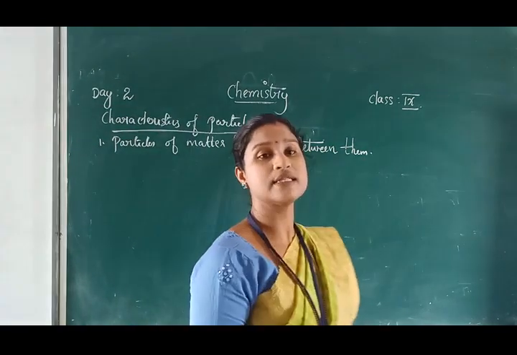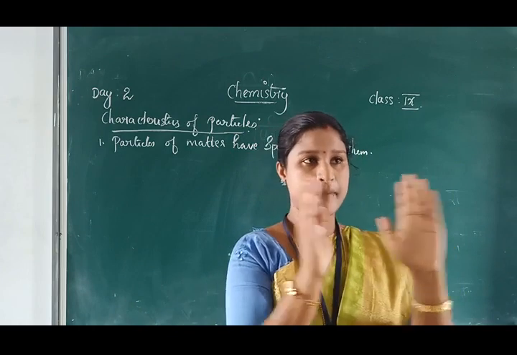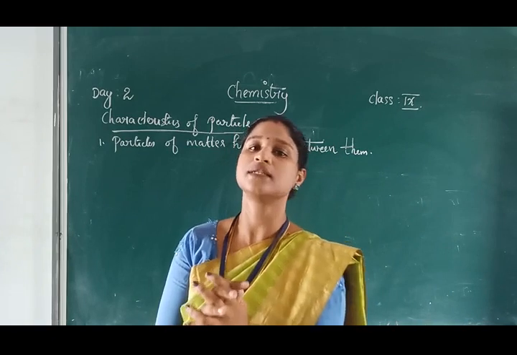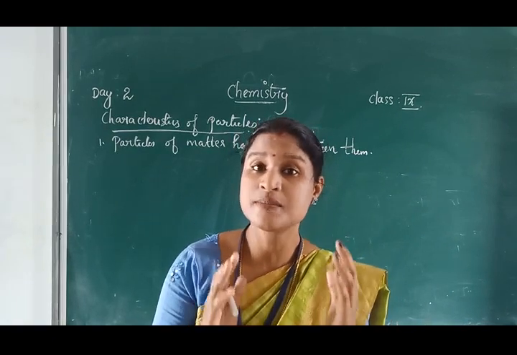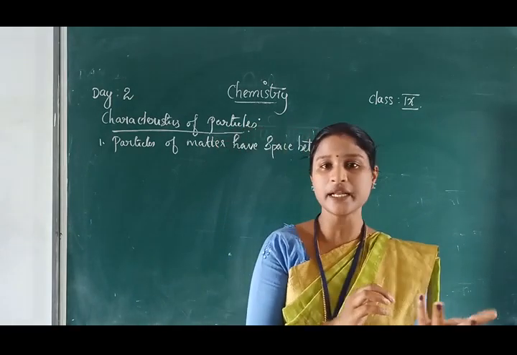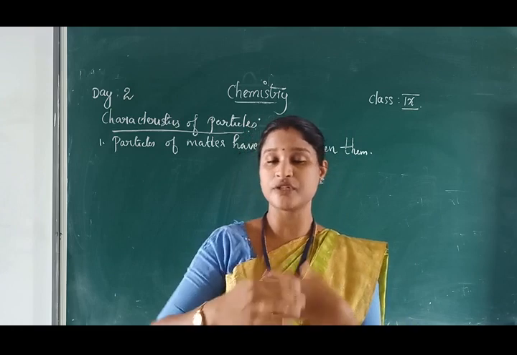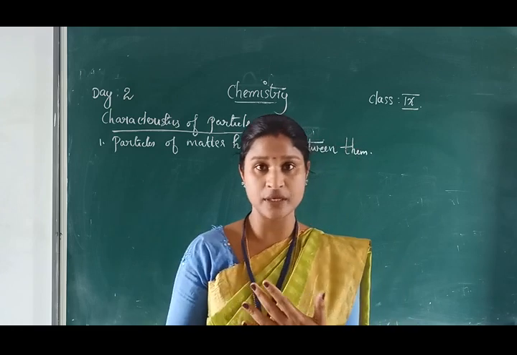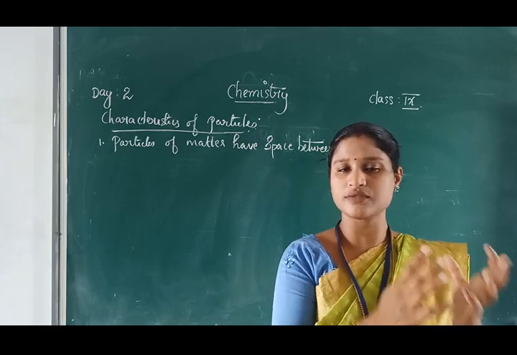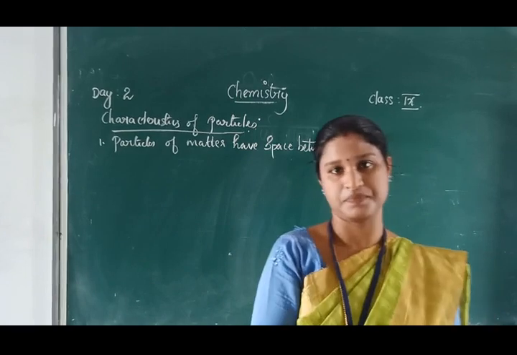Matter is made up of particles, and in between the particles there is a space. That's why when we mix potassium permanganate with water and dilute it two, three or five times, it gives a faint color, which indicates that particles of matter have a space between them.